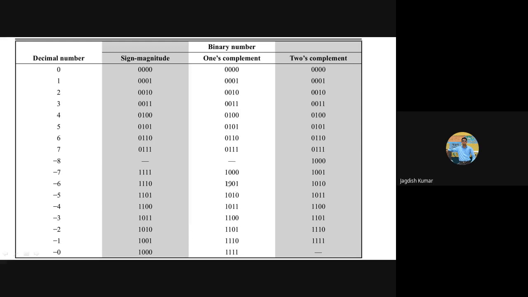So this will be 1010. This is -6 in two's complement representation. That is how we can represent positive and negative numbers in sign magnitude, one's or two's complement representation.